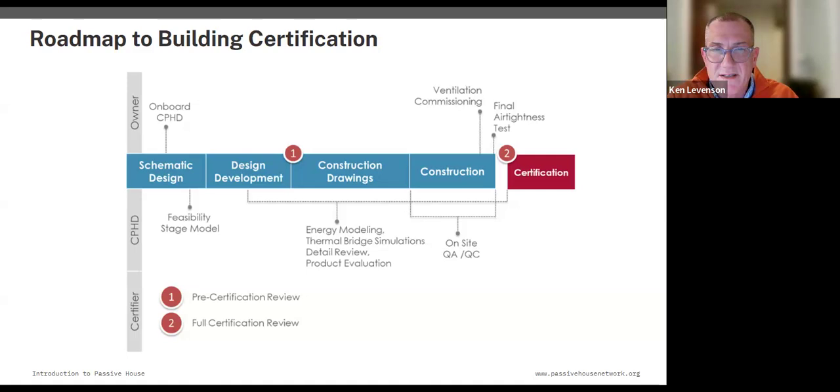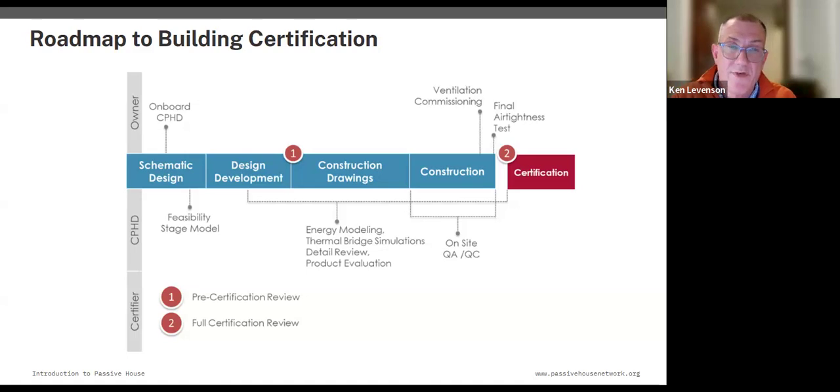One is to make a number of construction decisions and design refinement decisions earlier than later. You want to be in design development thinking about things you may typically be thinking about in construction drawings, so that you're working out those thermal bridge free connections as you're developing the design, and getting them tested, if you're the consultant, you're testing them, or having a Passive House consultant test them.